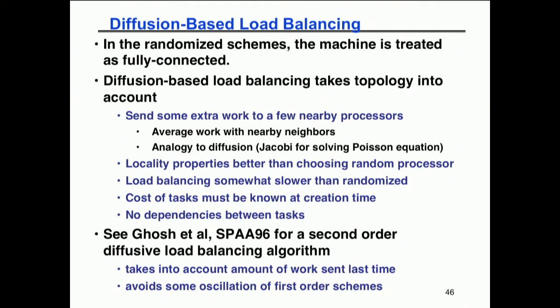So load balancing is definitely going to be slower than if you're using a randomized approach, but your locality is going to be better, and so if you have reasons to keep tasks nearby each other, you can get better locality out of this kind of diffusion-based approach. There are some theory papers on this as well.